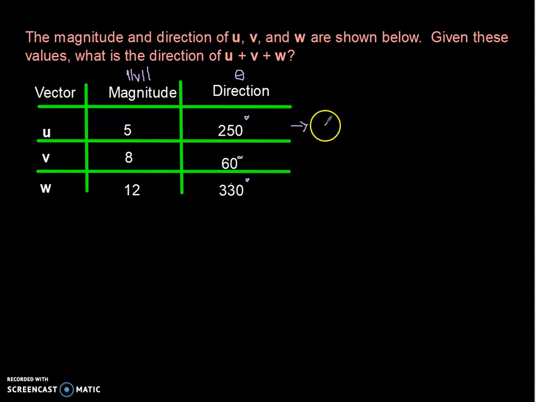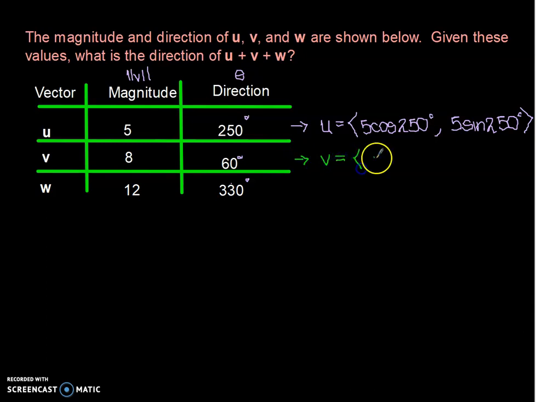I have vector u, which is equal to 5 cosine of 250 degrees and 5 sine of 250 degrees. And for vector v, I have 8 times the cosine of 60 degrees and 8 times the sine of 60 degrees.